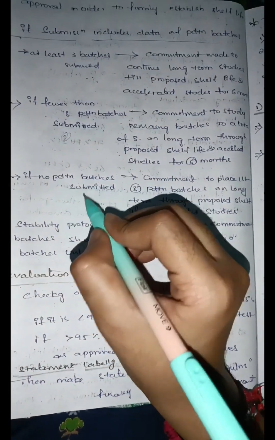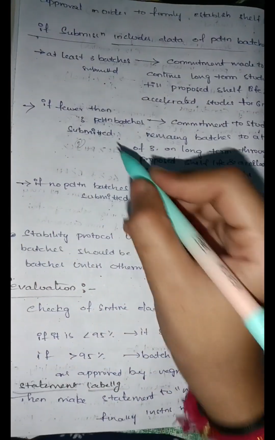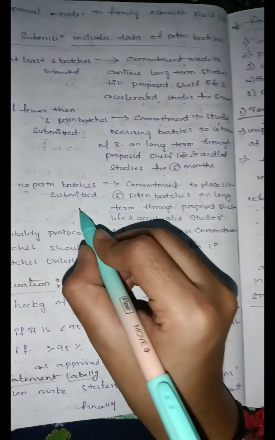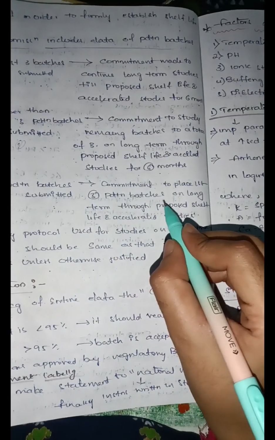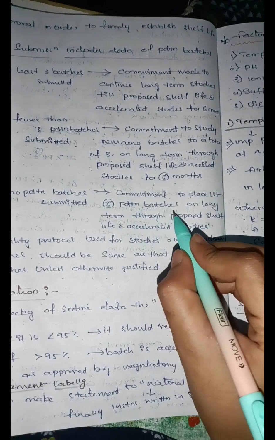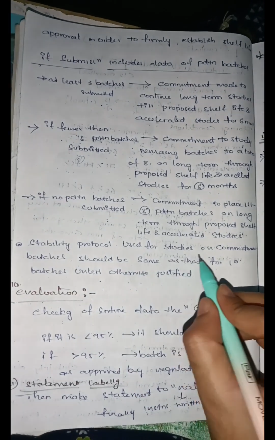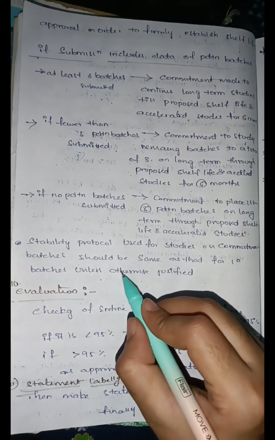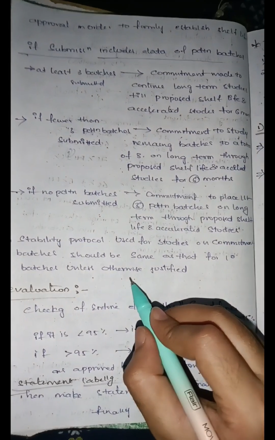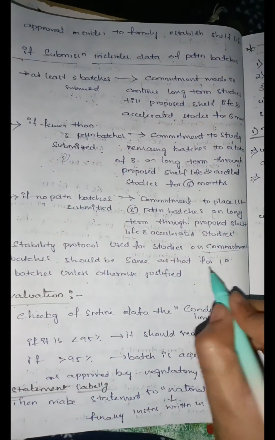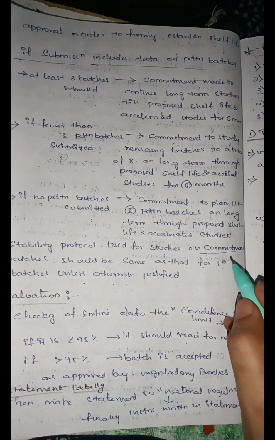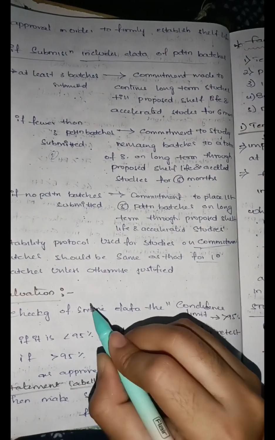And if no production batches are submitted, in that case we should make a commitment to place the first 3 production batches on long term studies through the proposed shelf life and on accelerated studies. Stability protocols used for studies on commitment batches should be the same as those for primary batches.